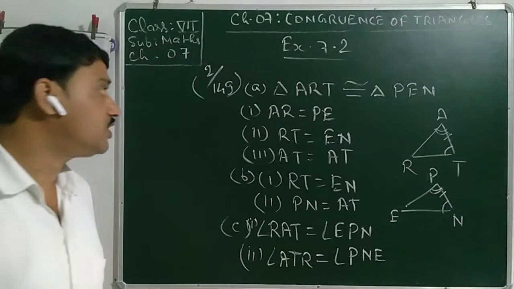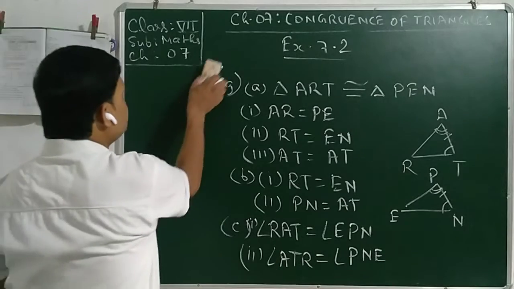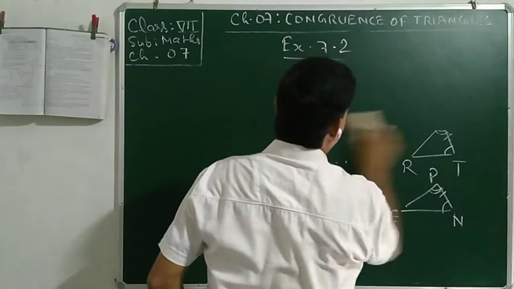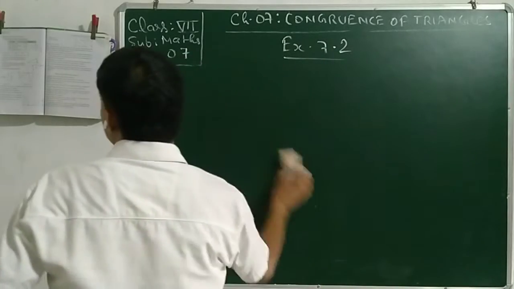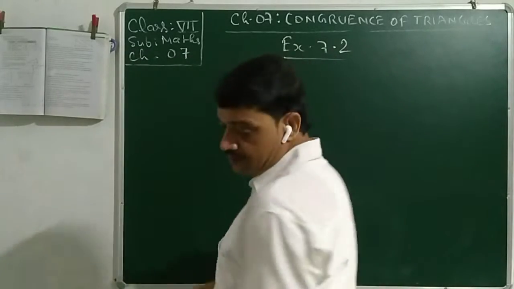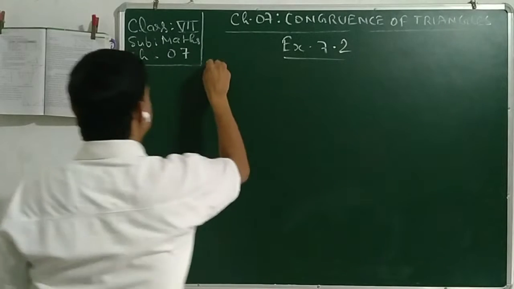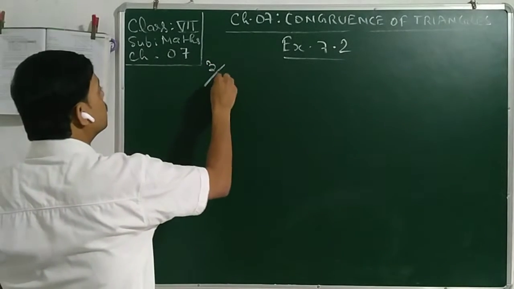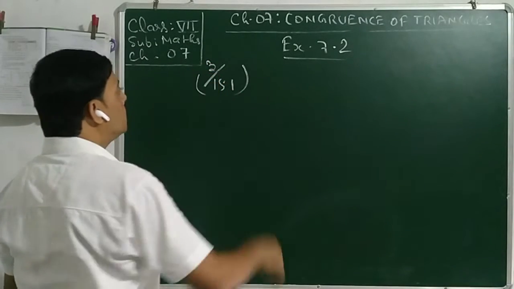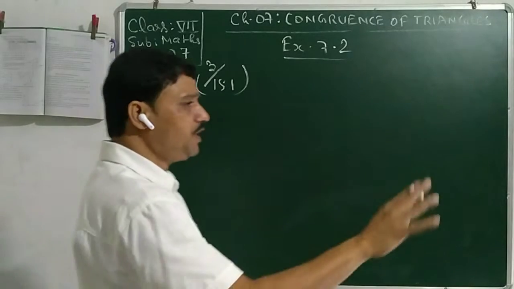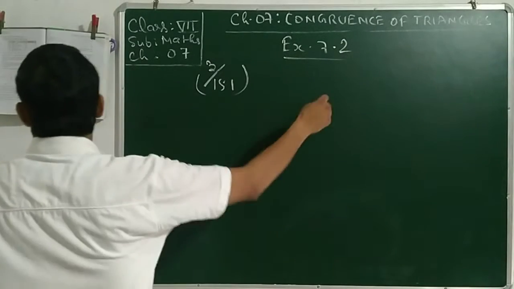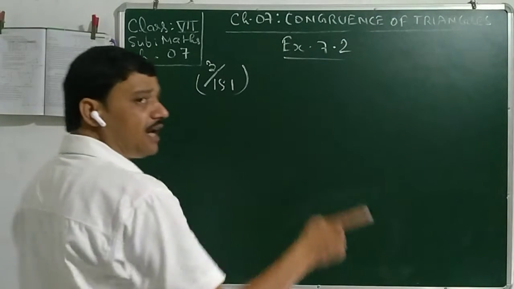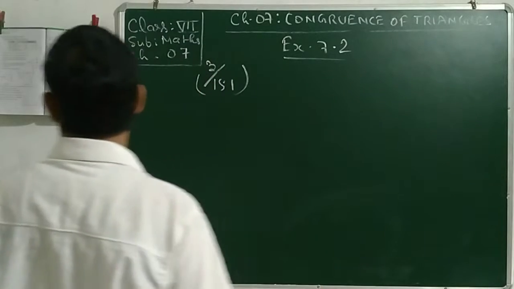Now come to sum number 3. On the next page, page number 151, the third sum says, steps are given and reasons are asked for congruence.